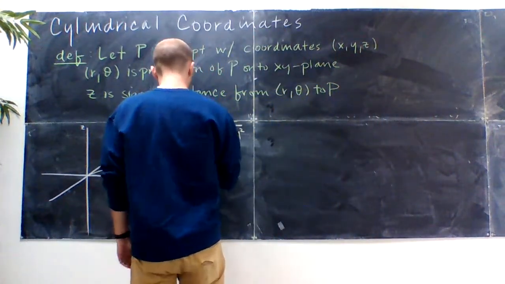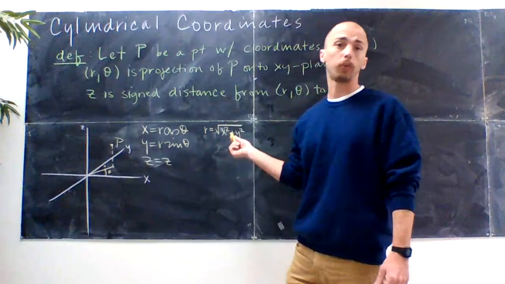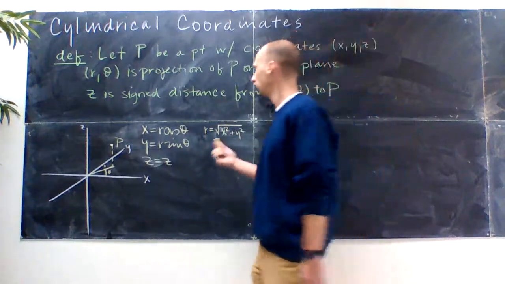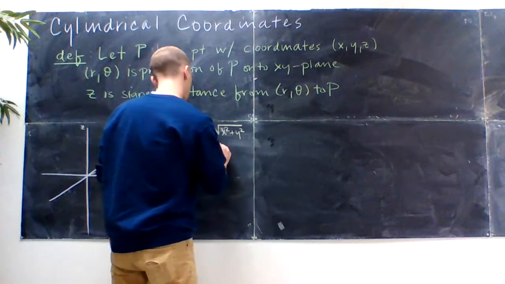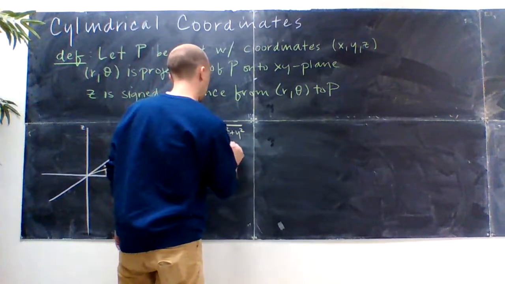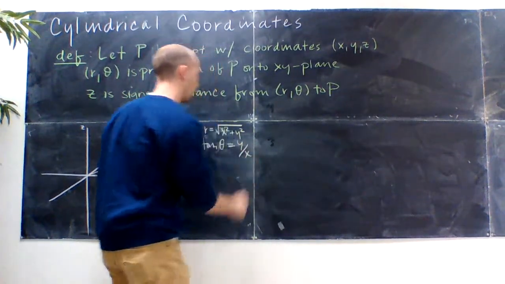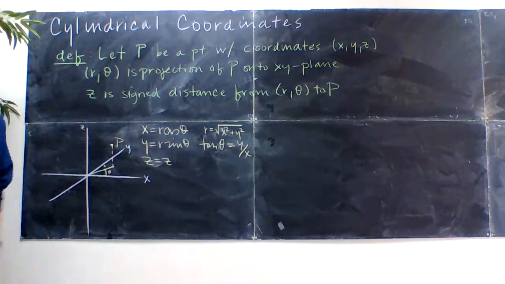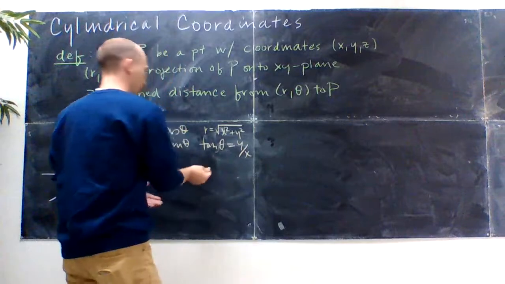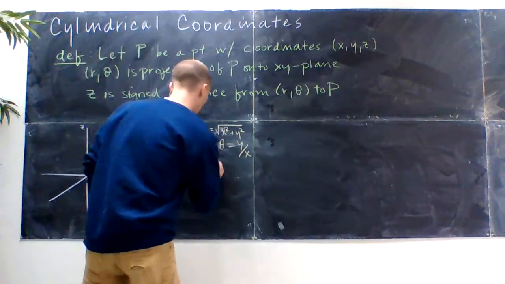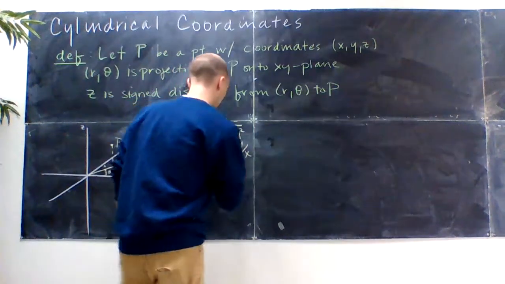Really this comes from r squared is x squared plus y squared, and maybe I'll write this one implicitly, that tangent of theta is equal to y over x, just like it was in polar. And then, if I had z and I wanted to get z, well, I know that z equals z.